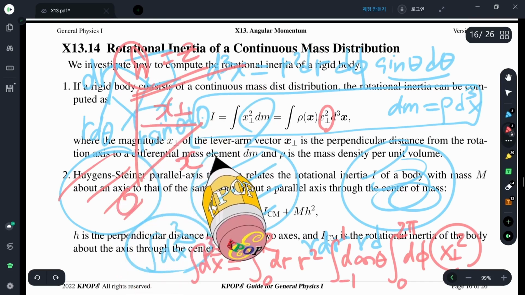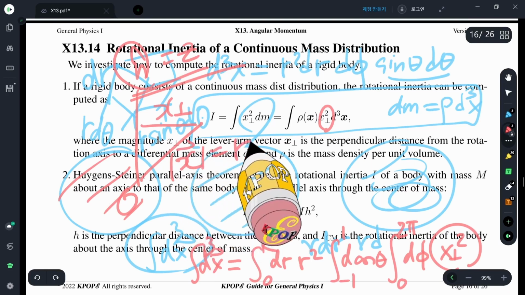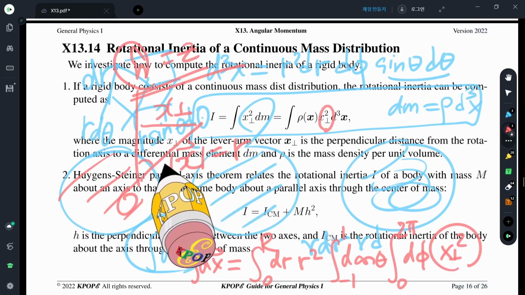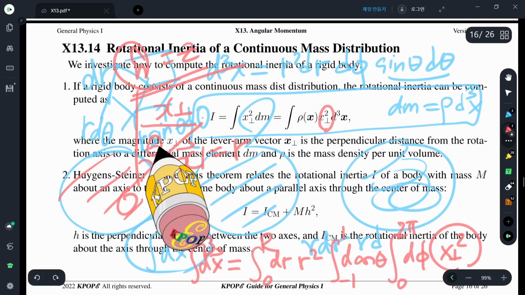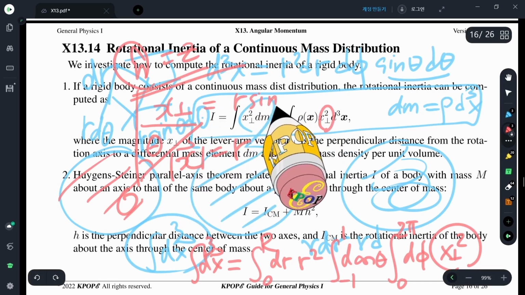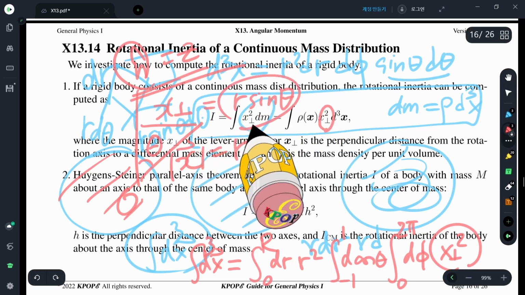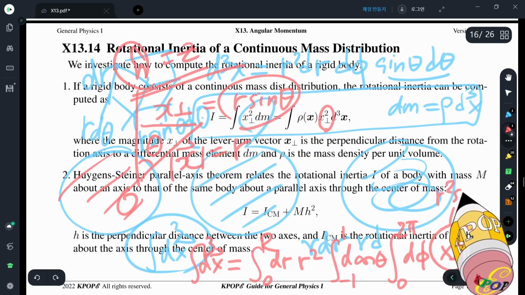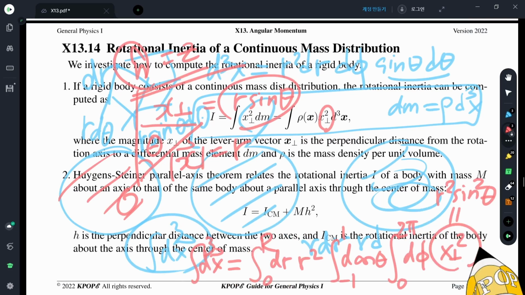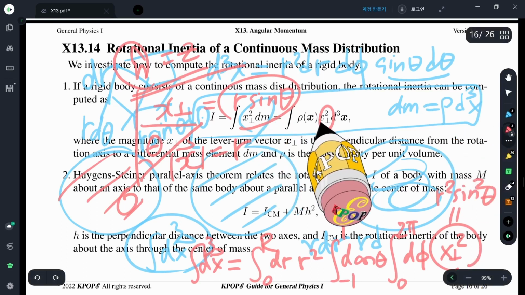So the x magnitude is r, and we have theta, that means this is r sine theta. So x perp squared is r squared sine squared theta. This integral should be done, and we know how to do that, the radial part, the angular part, every part. We have done a lot of work, so I do not reproduce the straightforward calculation here.